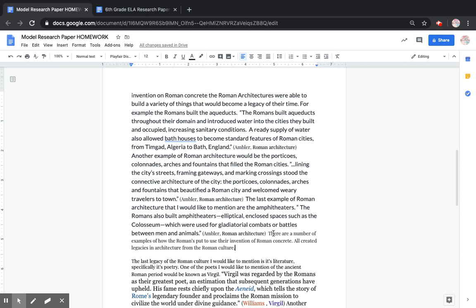What I really wanted them to gather was that there were a number of examples of how the Romans put to use their invention of Roman concrete, because without that concrete they wouldn't have been able to make the aqueducts or the arches the way they did, or the amphitheaters. So I want that to be their takeaway, and then just reiterate that these all created legacies within architecture from the Roman culture.